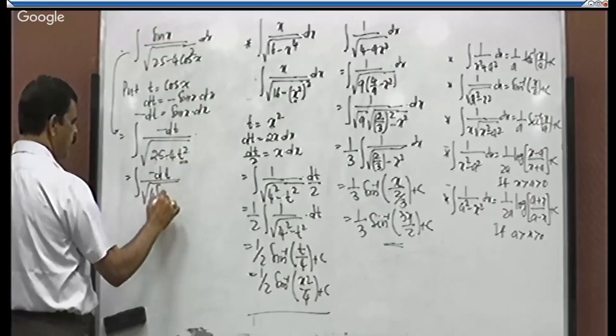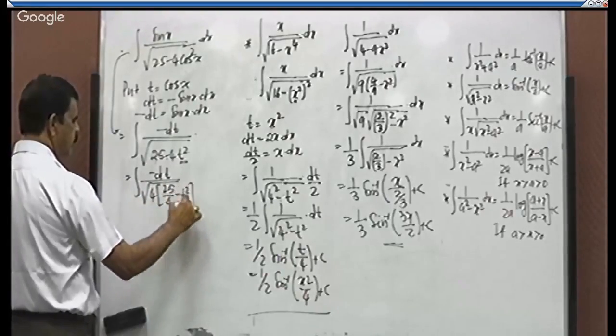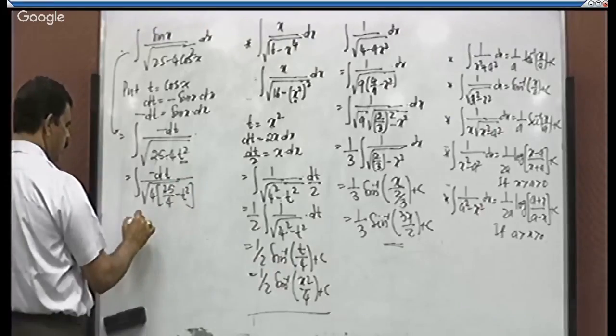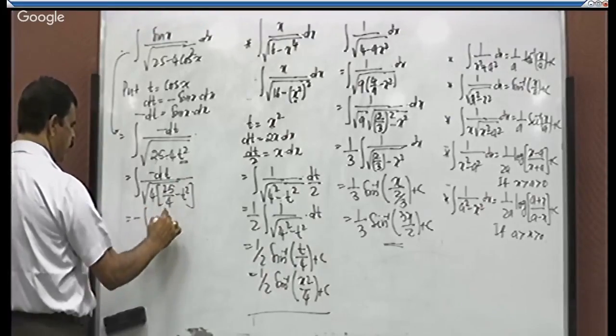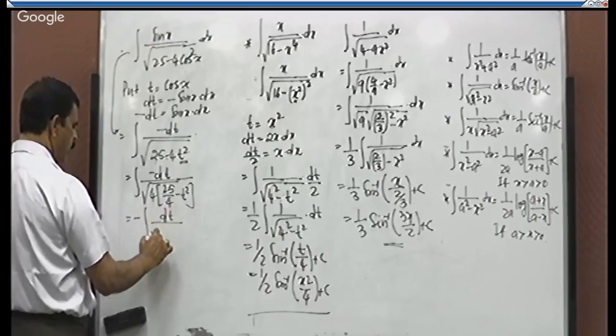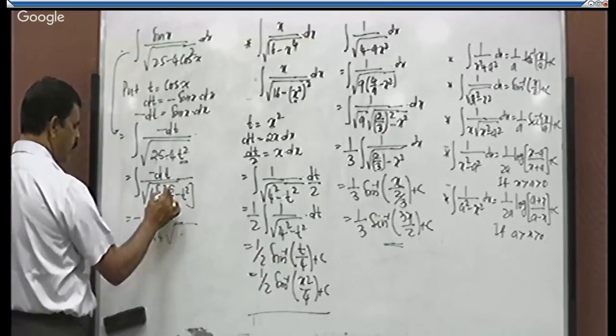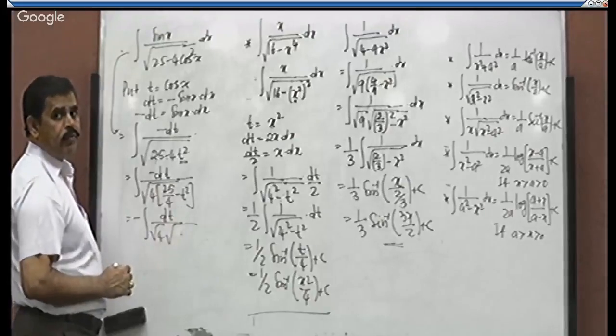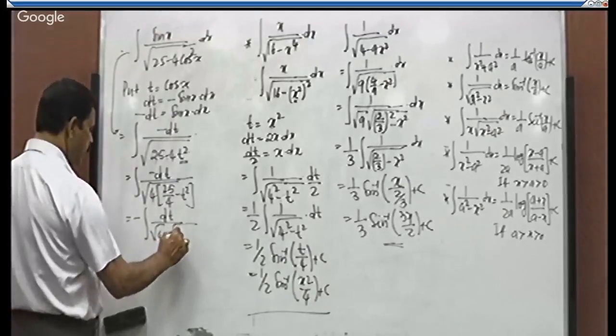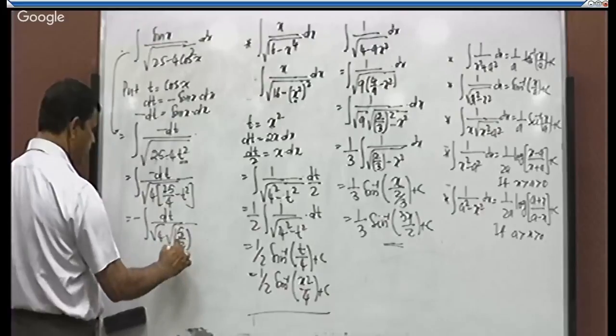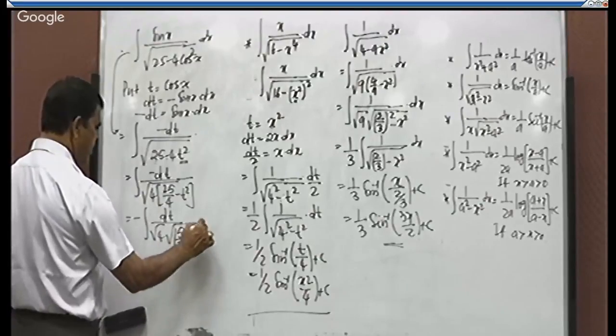If I take 4 as common, it becomes 25 by 4 minus t square. Or separate the root, minus dt divided by root 4 into root of 25 by 4 minus t square. 25 is 5 square, 4 is 2 square. Therefore, it becomes 5 by 2 whole square minus t square, right?